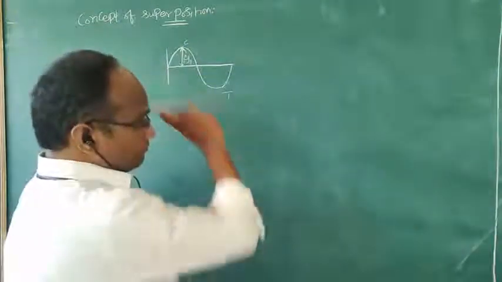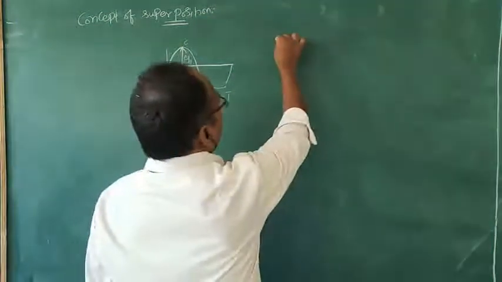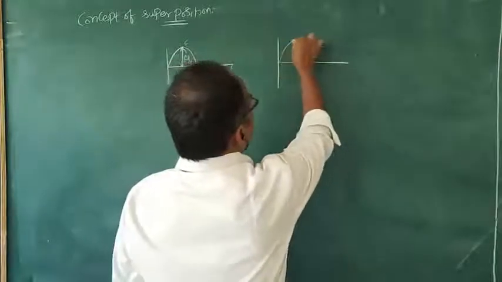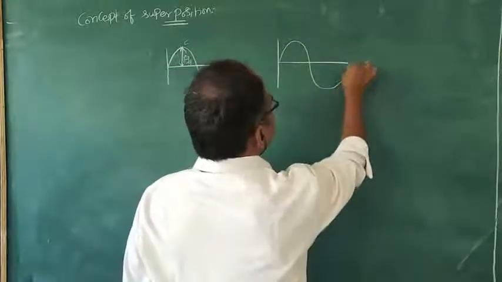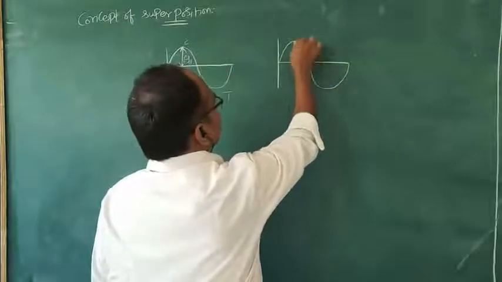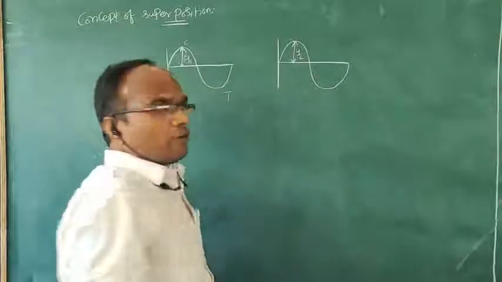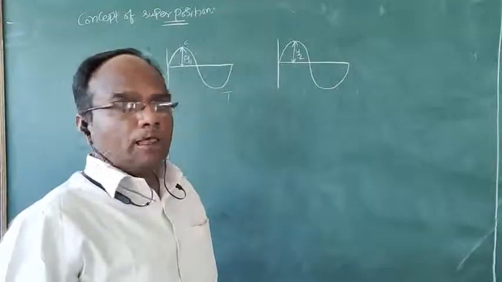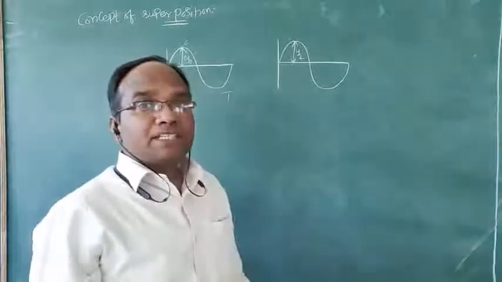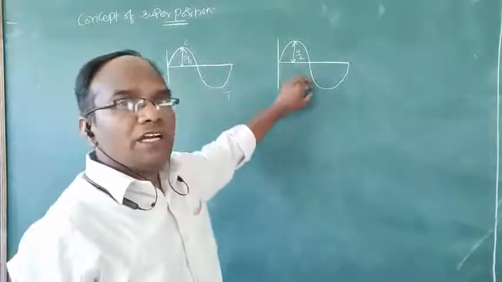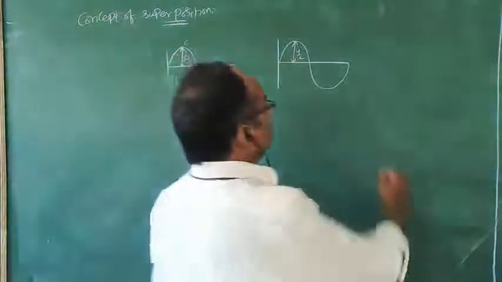In the similar way, another wave I am drawing like this. This is the amplitude, so this is nothing but Y2. So what is the resultant displacement? This is the individual displacement. This is also an individual displacement.